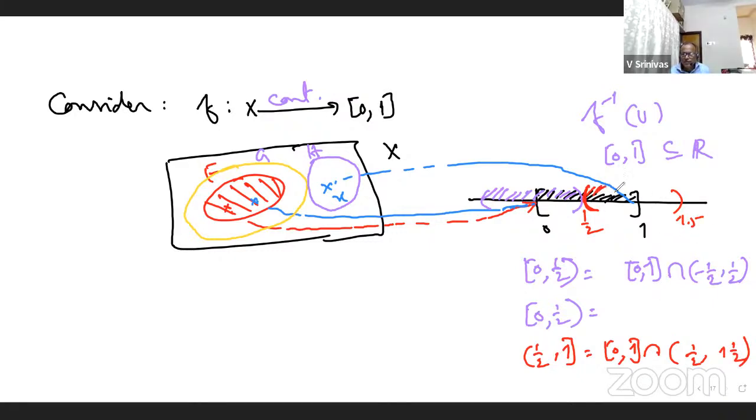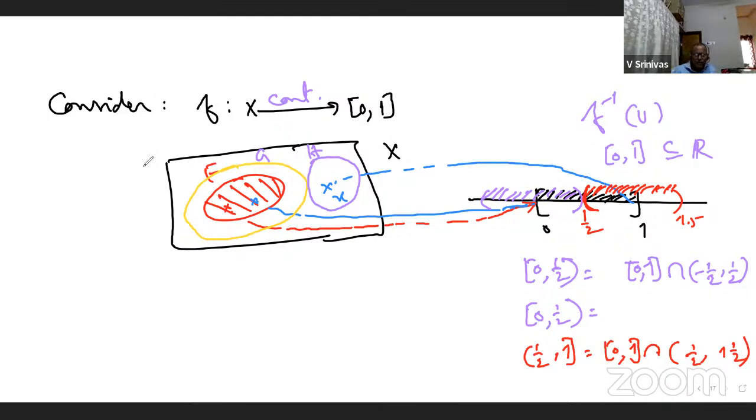This is an open interval, and an open interval is open in R. You intersect that with this closed interval, and this is an open set in the subspace topology. Once you have open sets here, go for the corresponding inverse images.